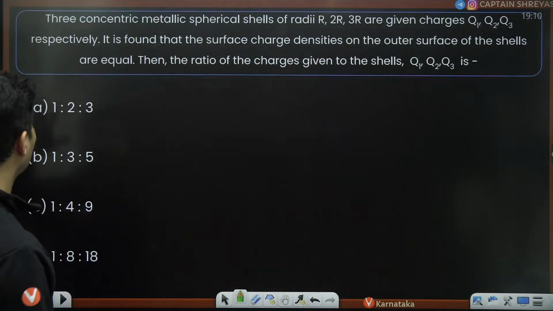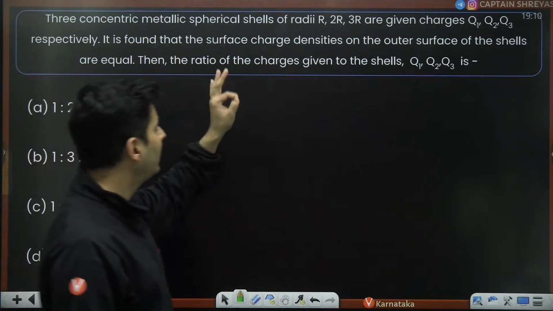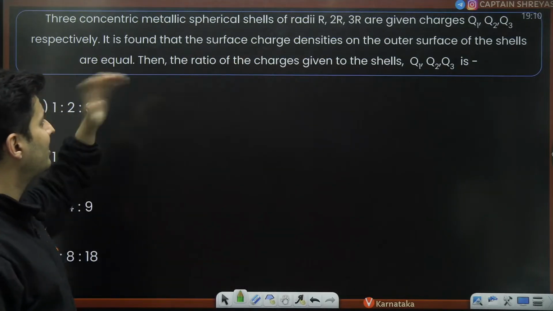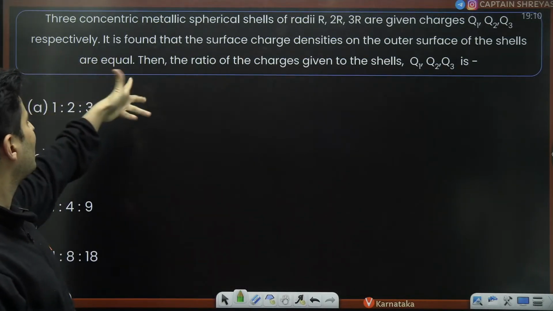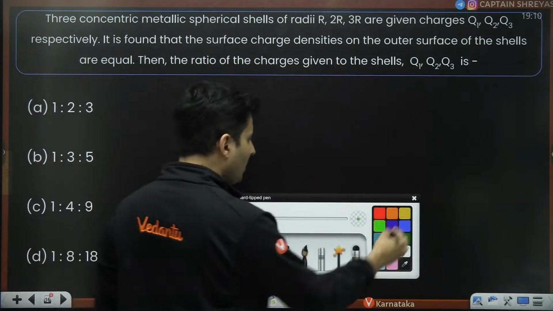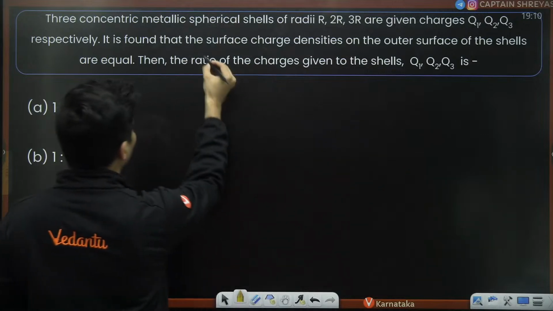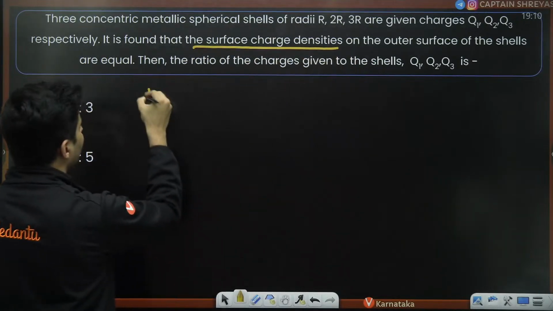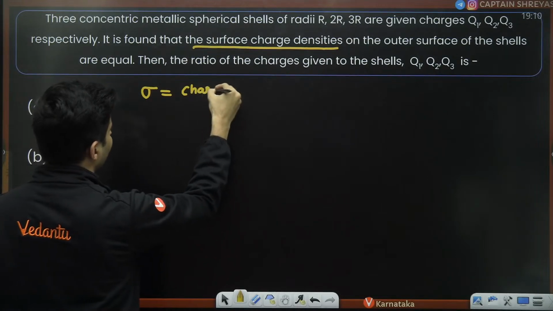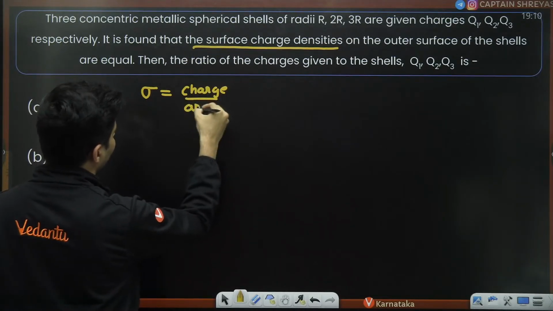Moving on, next question. Three shells are there, of radii R, 2R, 3R. The surface charge densities on the shells are equal, then what is the ratio of the charges? Okay. Now, the formula for surface charge density: sigma is nothing but the charge divided by area.